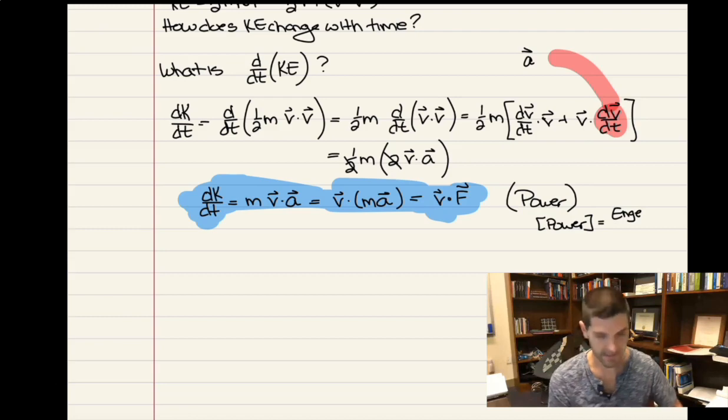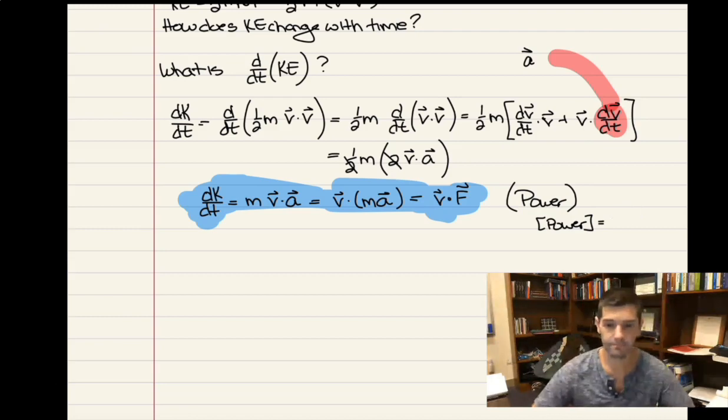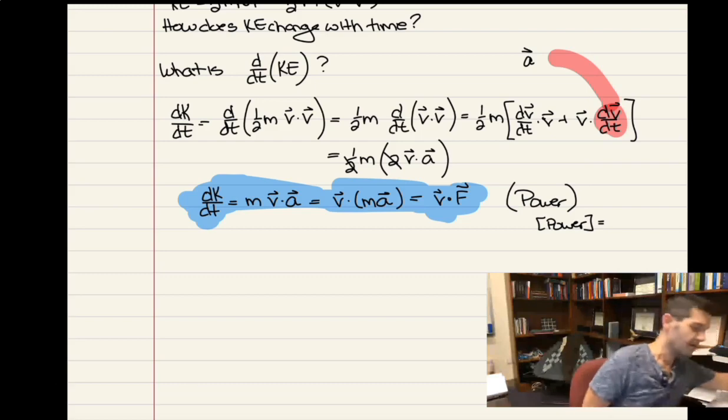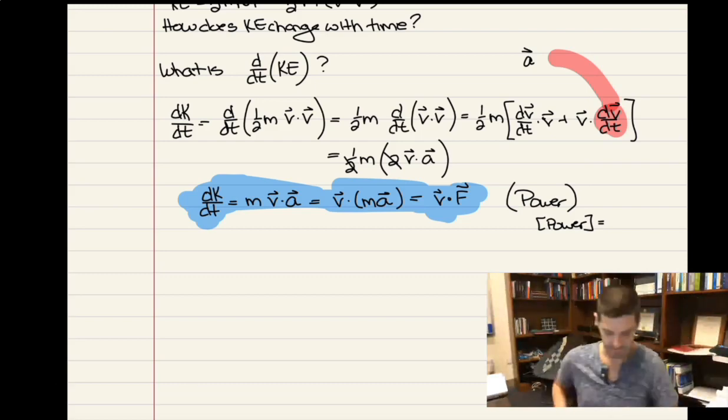So how does kinetic energy change with time? It is the velocity of the object dotted with the force that is acting upon it. Forces can change kinetic energy, but not just any force acting on an object. The force has to be, you take the dot product with v.